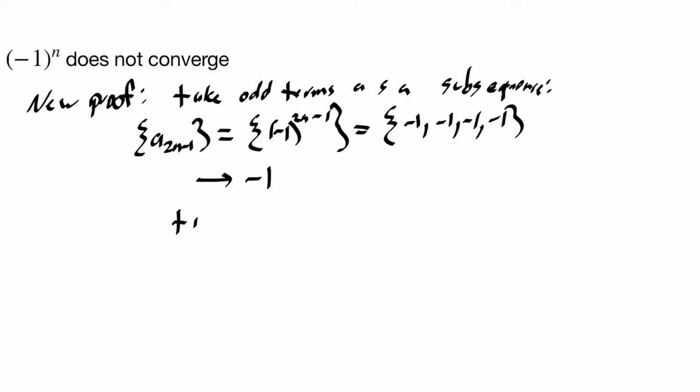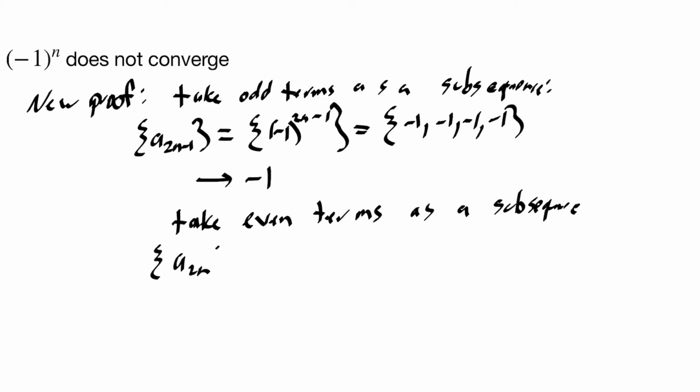But similarly, if we take the even terms as a subsequence, then if we take a_{2n}, that's the sequence (−1)^{2n}. But this is positive because we've always raised our sequence to an even power.